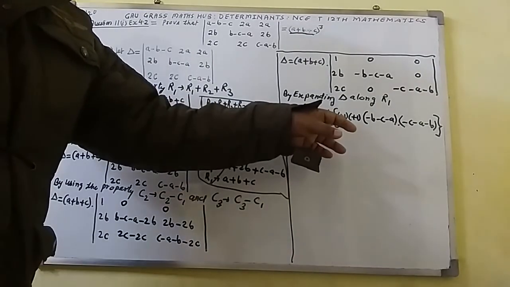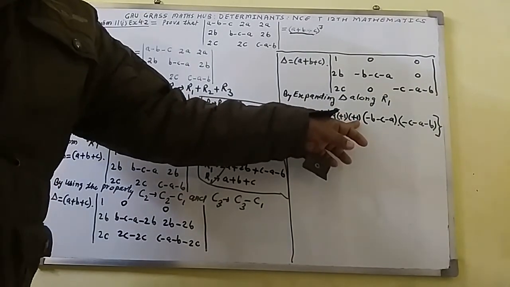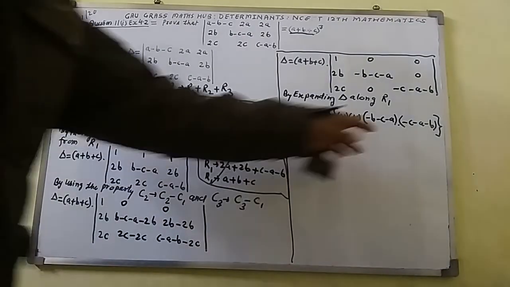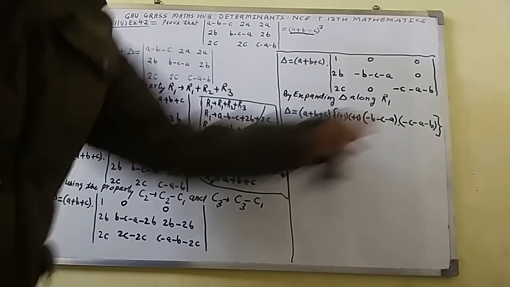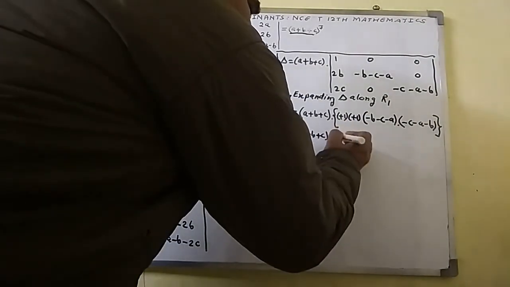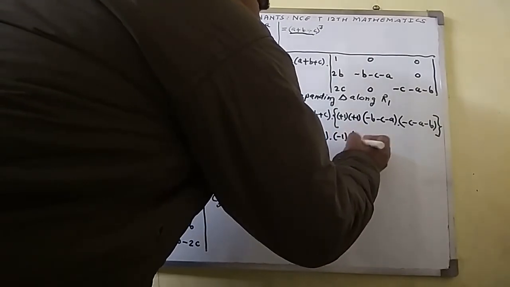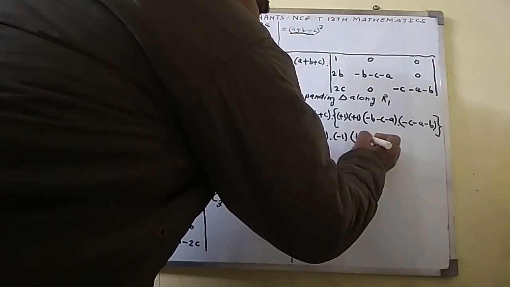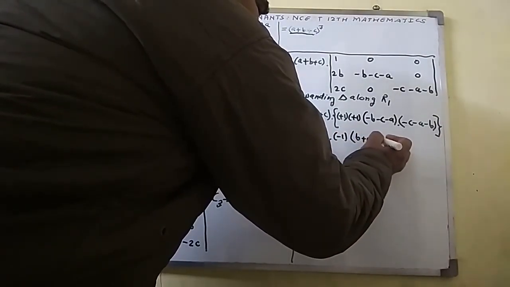Here you can see plus 1 you multiply together, you get here 1. And here if you take minus 1 as common, so here write minus 1. The element will be B plus C plus A. You will get this one.